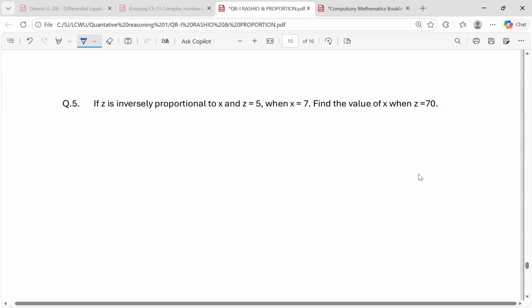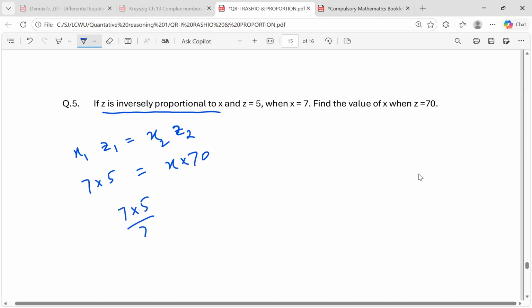Since z is inversely proportional to x, we have z1 x1 equal to z2 x2. Now z1 is 5, x1 is 7, z2 is 70 and x2 is x. From here you have 7 multiplied by 5 over 70 is equal to x. So you can simplify it to get the answer.